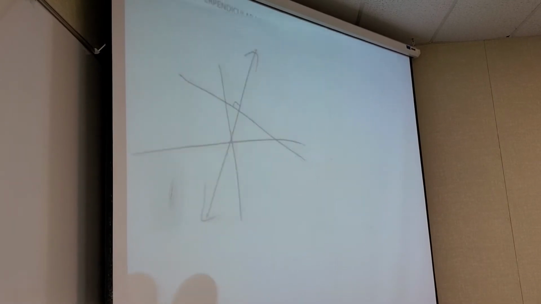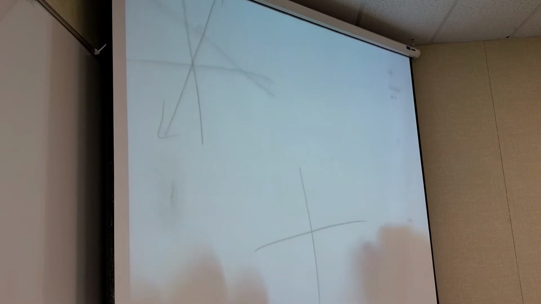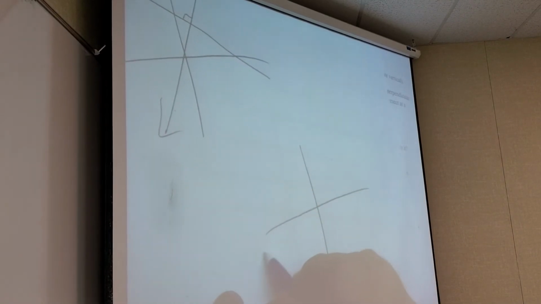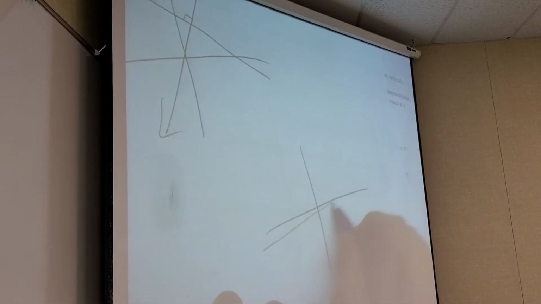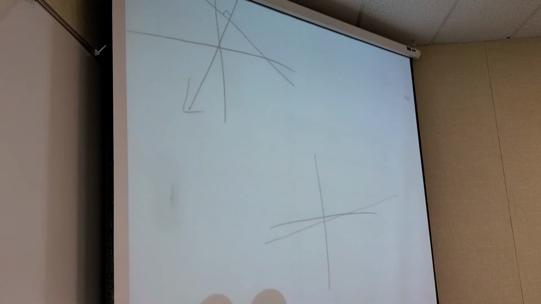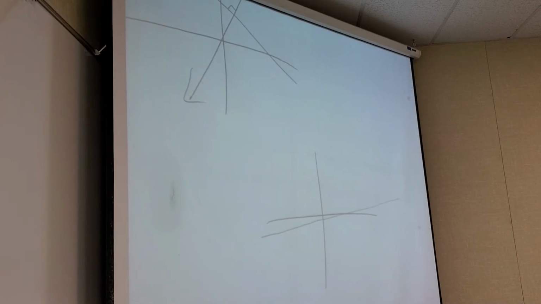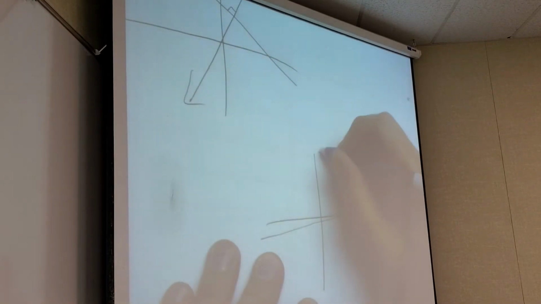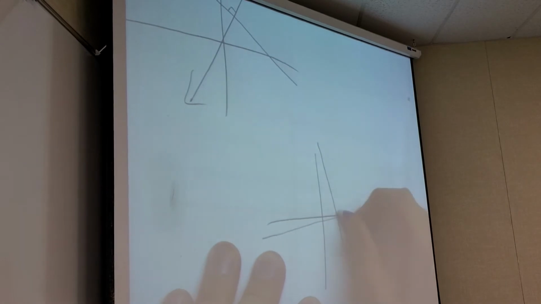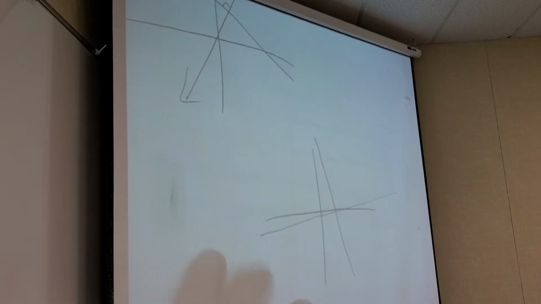So if I make this kind of more extreme, can somebody tell me something about the slope of this line here? Is the slope of that line very big? Hell no, because it's not rising much. And if I draw the perpendicular line to that, that is huge. Negative slope, isn't it?